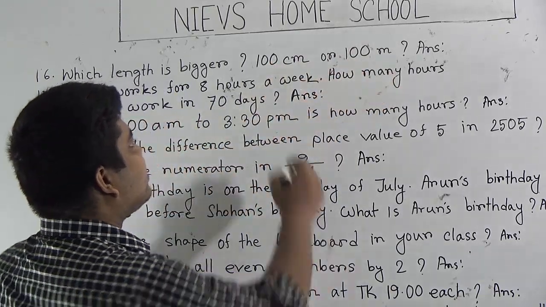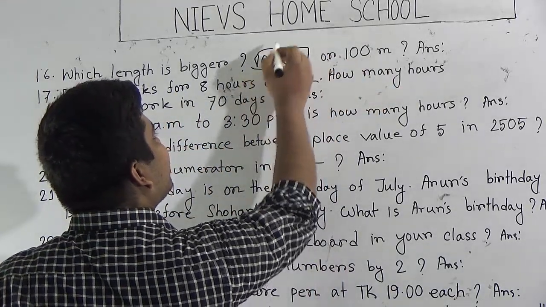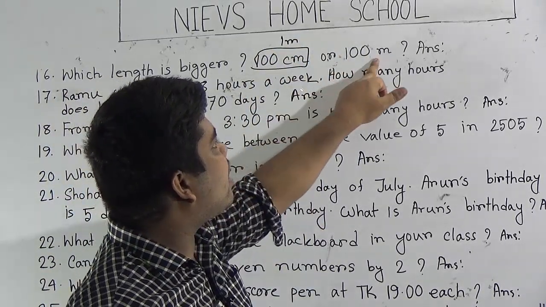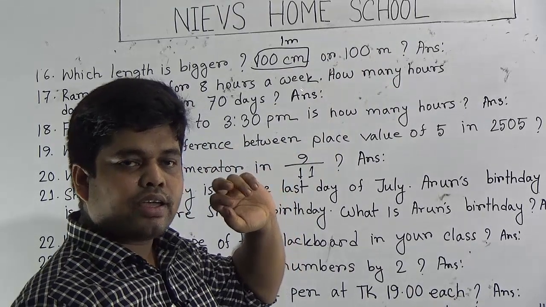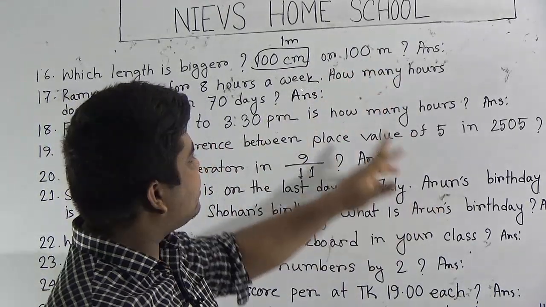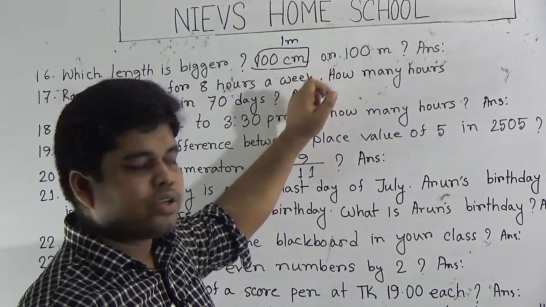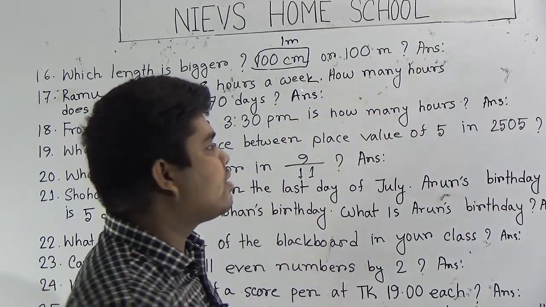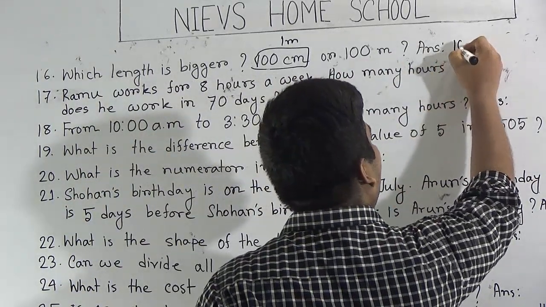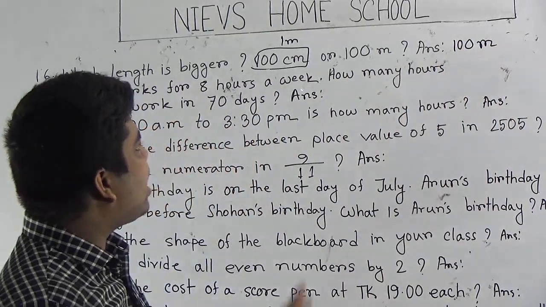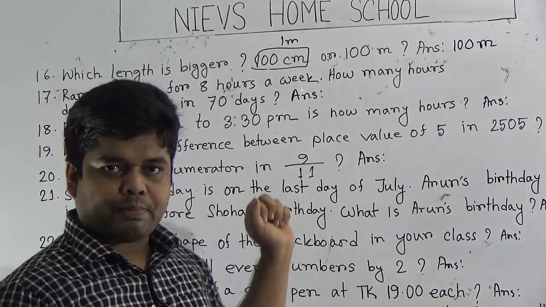So we can write 100 centimeter as 1 meter. So 1 meter and 100 meter, which one is bigger? That means 100 meter is bigger than 100 centimeter. So the right answer is 100 meter. I hope you have understood how to answer this question.